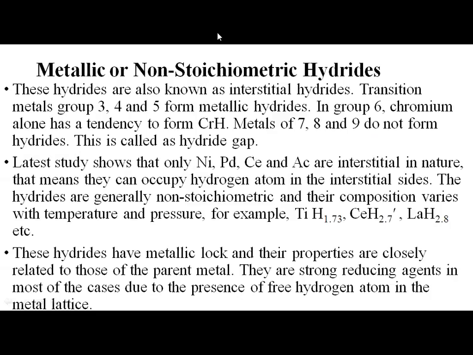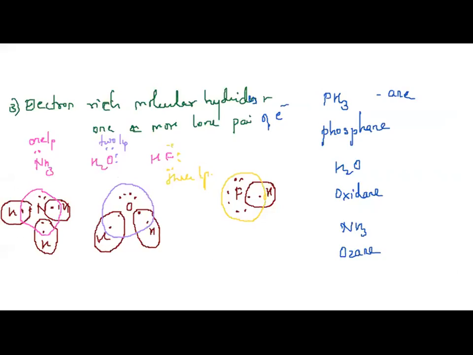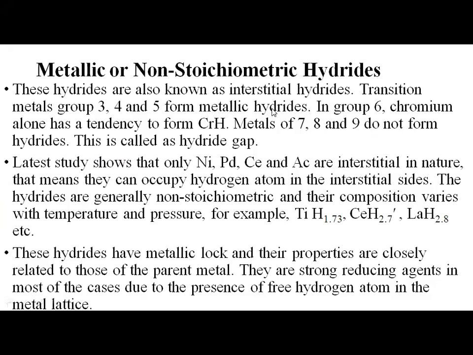See, when we speak about transition metals, how many groups do they come in? They come from group 3 to group 11. So here, groups 3, 4, 5 form metallic hydrides.